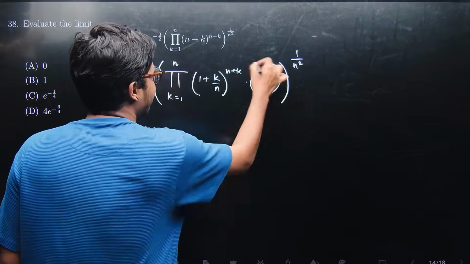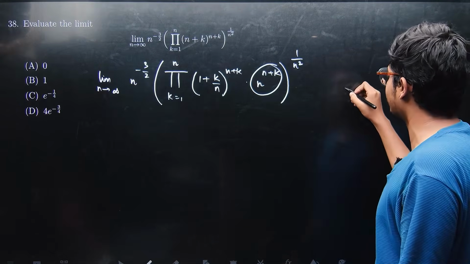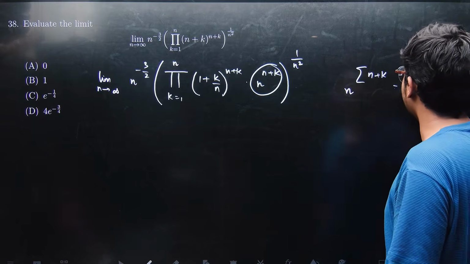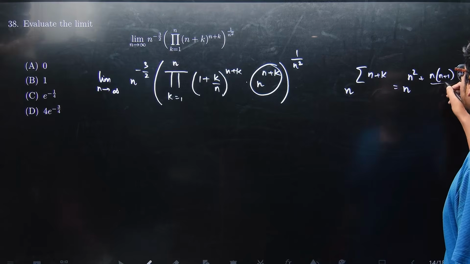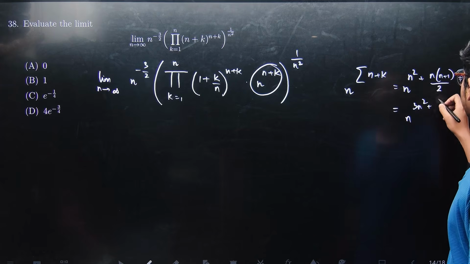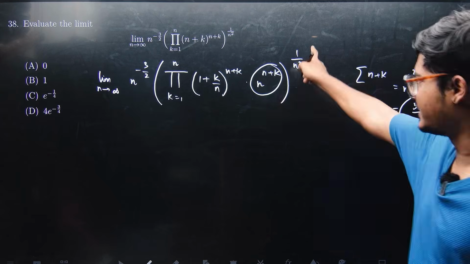Now if you just look at this, you're multiplying n to the power n plus k from k equal to 1 to n. That is just going to be n to the power summation of n plus k, k equal to 1 to n. So that's n to the power n square plus n into n plus 1 by 2, right? So that is n to the power 3n square plus n by 2, okay? Right? Now if I take this thing outside this root, what will I get?